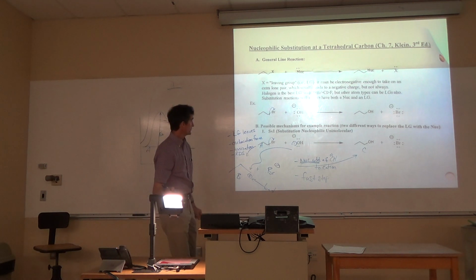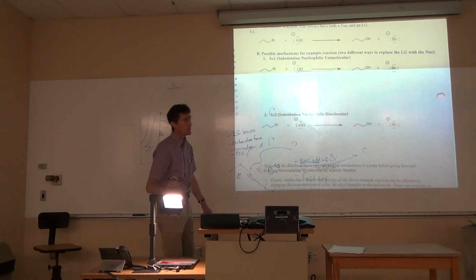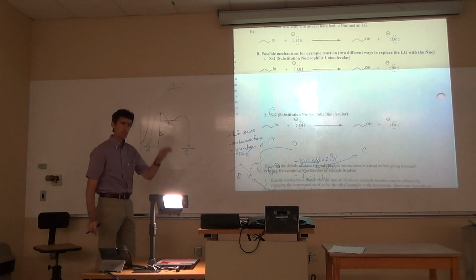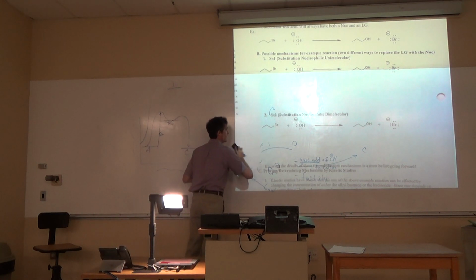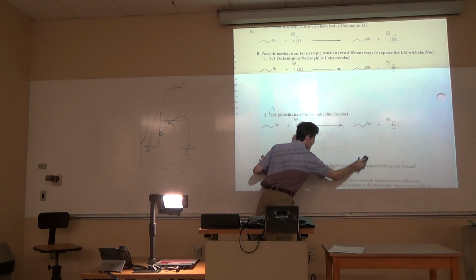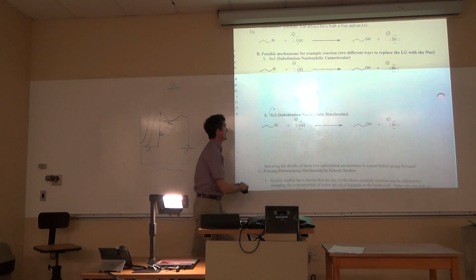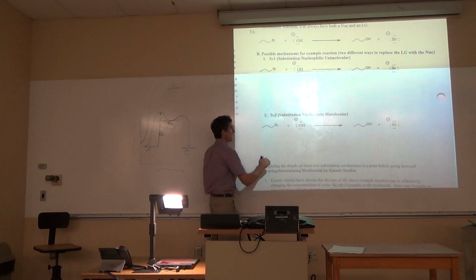All right, let's try another mechanism, Sn2. How can we do this another way and get the same outcome, but a different mechanism? Have the O kick off the Br. This is partial positive. Here's another way.